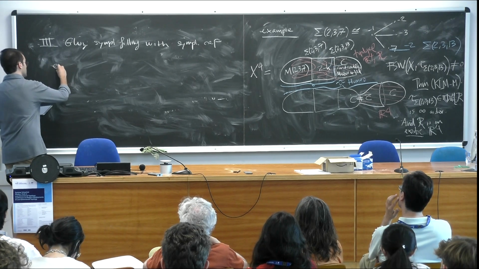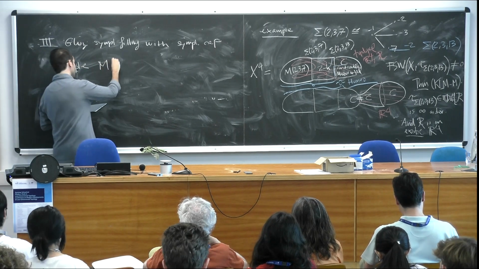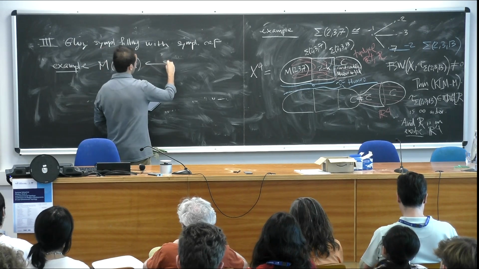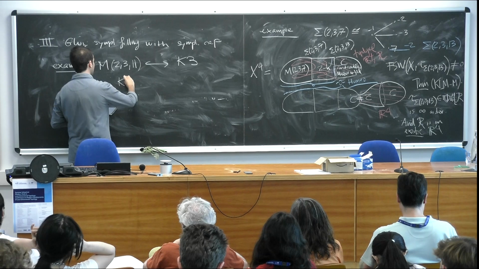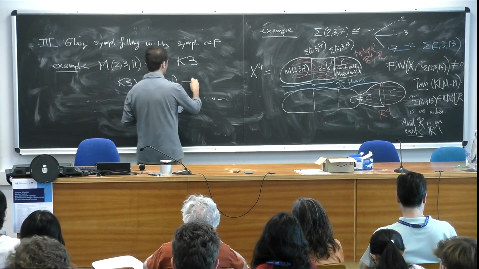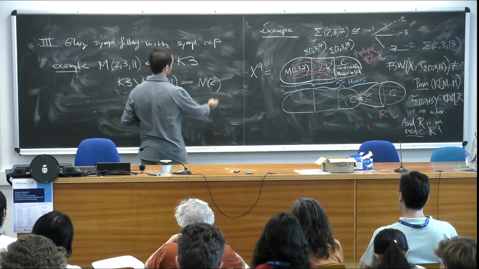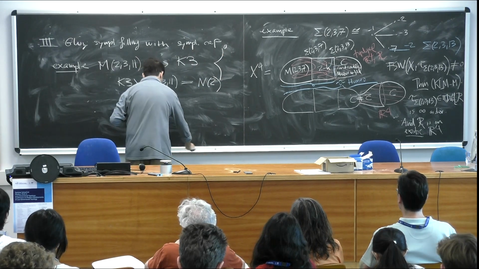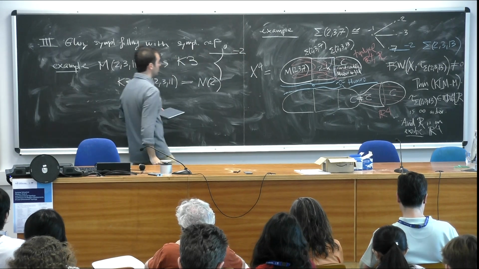So for instance, you could look at the famous embedding of the Milnor fiber of the Brieskorn singularity Σ(2,3,11) inside of the K3 surface. The complement of this embedding is the Gompf nucleus N_2. So this is a neighborhood of a rational curve of self-intersection 0 that intersects transversely (-2) rational curves.